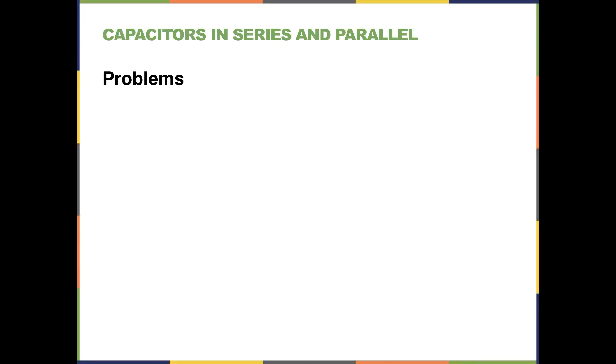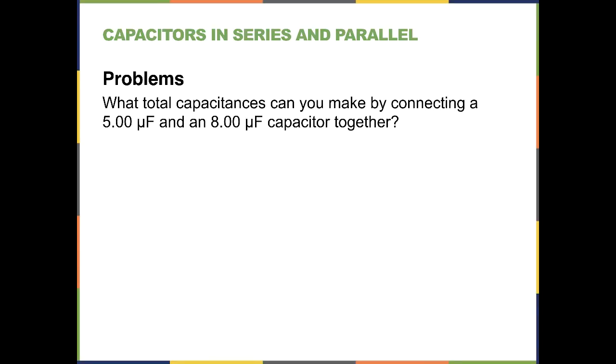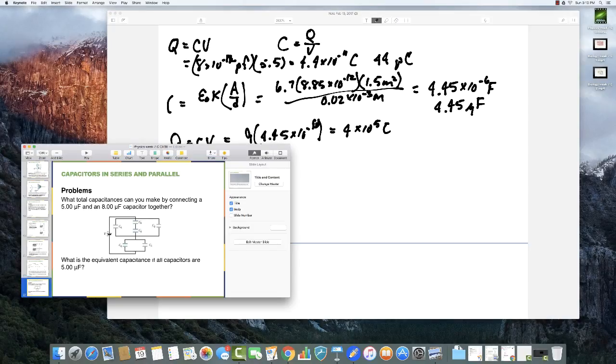So let's finish up by doing a couple problems related to this. What is the total capacitance you can make connecting a 5 microfarad and an 8 microfarad capacitor together? Well, you can connect these together in 2 ways. First of all, you can connect them in series.